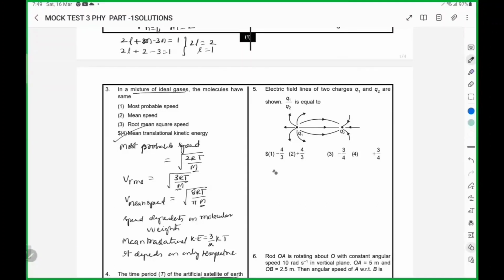Here, the number of electric field lines going out of a charge is directly proportional to the magnitude of the charge.